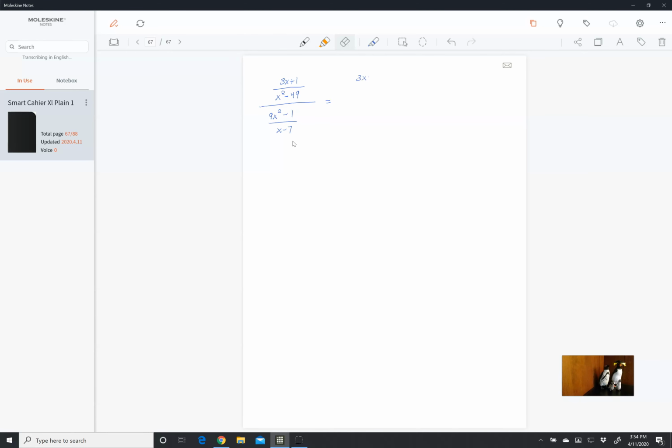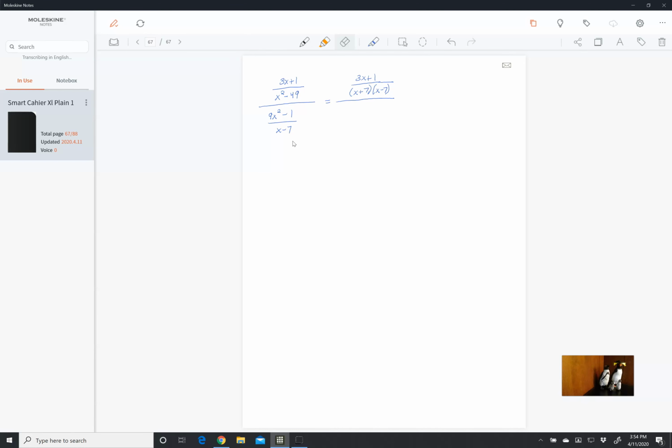So we can do that here. We have 3x plus 1, and x squared minus 49 is a difference of squares. It's x plus 7 times x minus 7. And we could factor here, or we could factor in the next step. Okay, so we could switch this step with the next one. That would be fine.